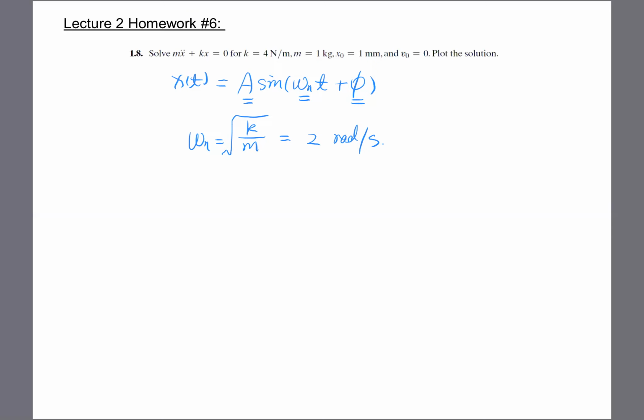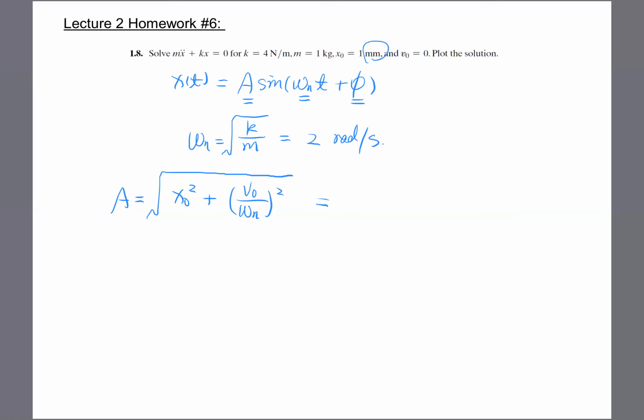So what you need to do is recall those equations, or you can just search your notes. The amplitude A is the square root of the initial position squared plus the initial velocity over natural frequency squared. But one thing you have to pay attention to here is the unit.